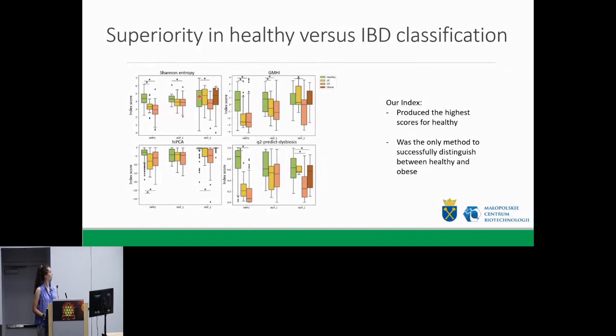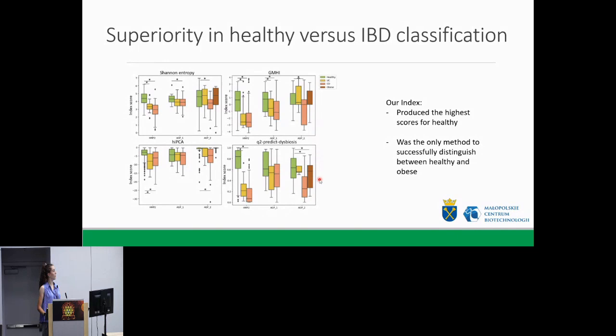And GMHI and our index have a similar performance. And finally, the last cohort, when we look at the obese individuals, so those shown in brown, actually Shannon entropy and GMHI claim that obese individuals are healthier than people who are healthy, and our index is the only index to produce a drop.